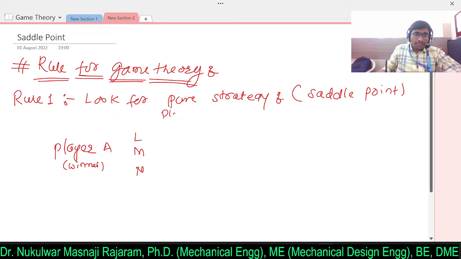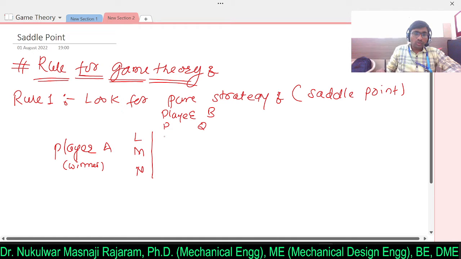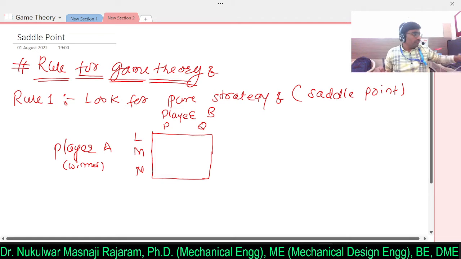Now there is another player, so here I am considering a two player game. Let's say player B, and the strategies are P and Q. If you observe, A has three strategies, and if you consider player B, then it also has strategies.